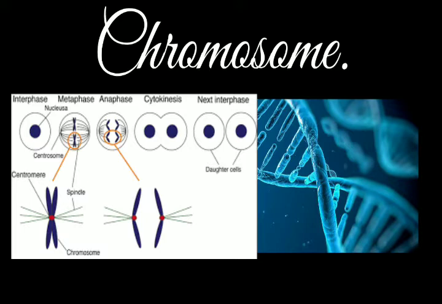And the point where the chromatids are attached is known as the centromere. On one side of the centromere the chromatids are smaller, and on the other side are the bigger ones, known as arms. So this is all about chromosomes.